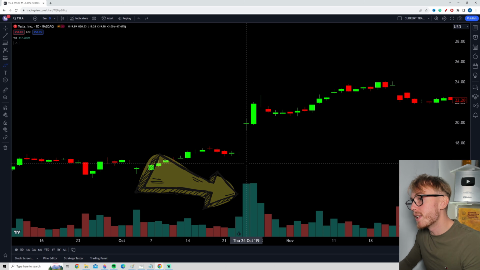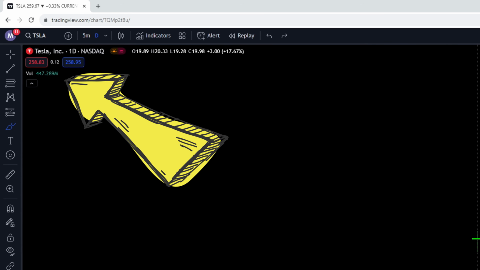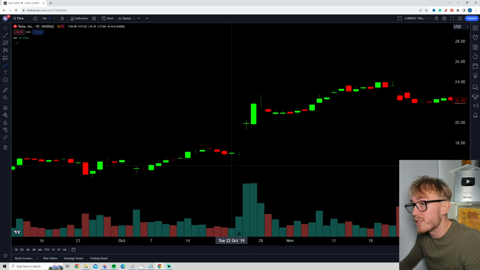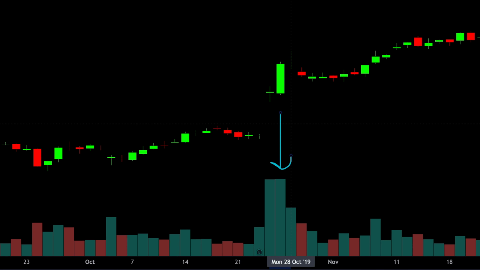You can for example see that during this day right here, Tesla had a volume of around 447 million, while the previous day had a volume of around 168 million, and the day before that had a volume of around 69 million.